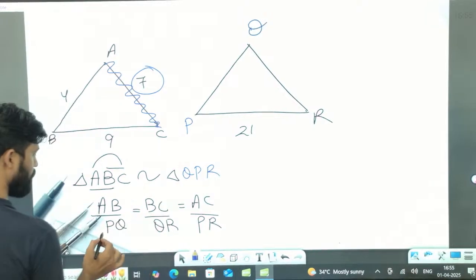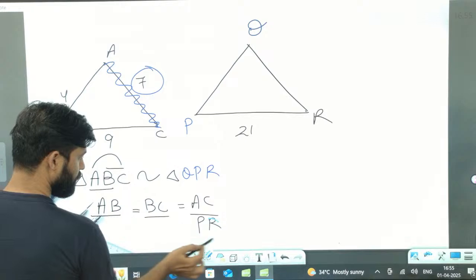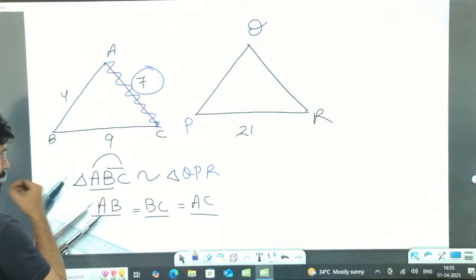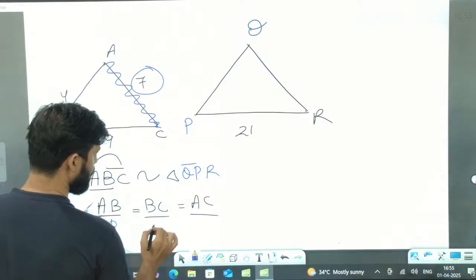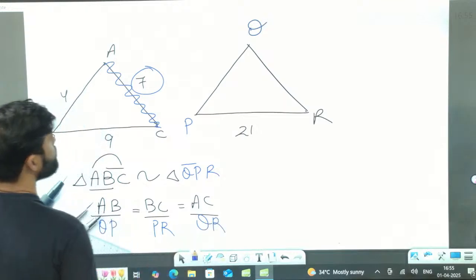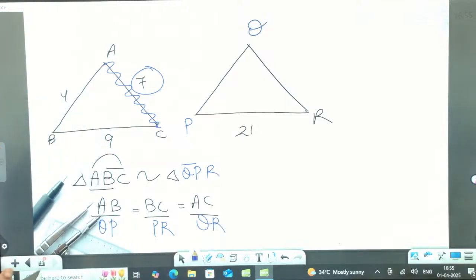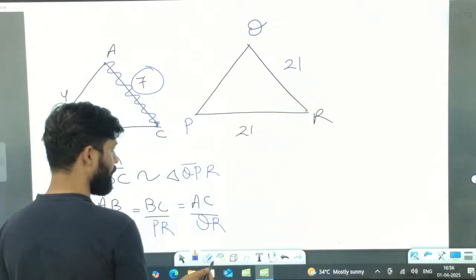So here we will have first QP, then BC upon PR and AC upon QR. Okay, and the length of QR is given, that is 21 centimeters. Now we are getting it.